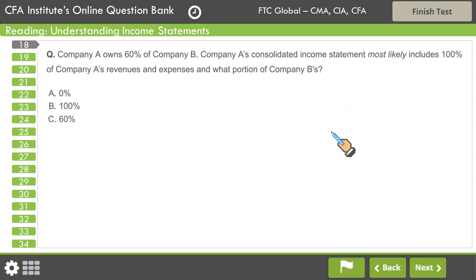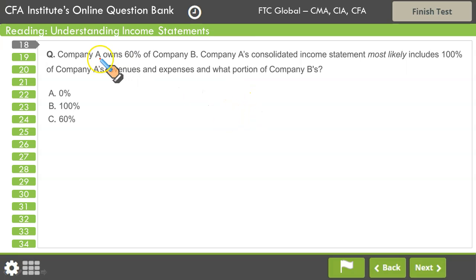Moving on. Apparently an innocent question. A company A owns 60% of company B. A holds 60% control in company B. Let us discuss something more at this point in time.